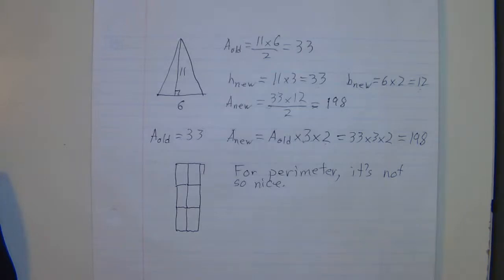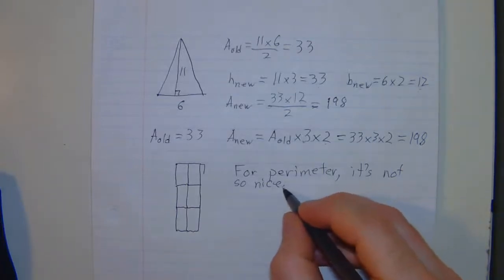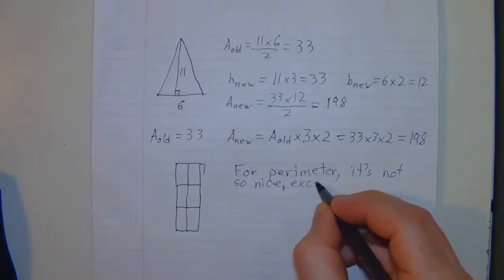There's a lot of different options for what can happen. There are some situations that are nice. In a circle, for example, because radius is the only thing that's affecting the perimeter, if you double the radius, you do get a nice, consistent result happening with the perimeter. So for perimeter, it's not so nice, really, except circles.